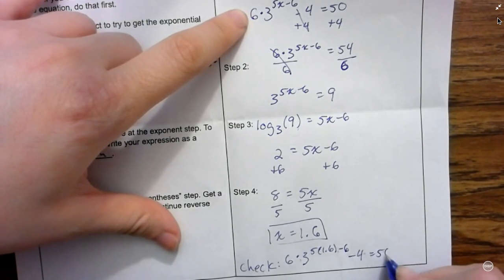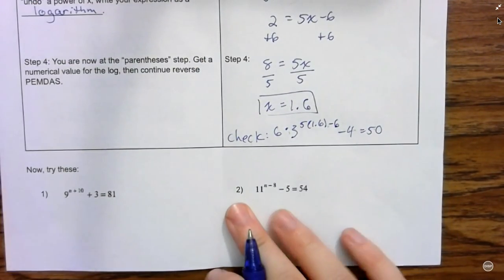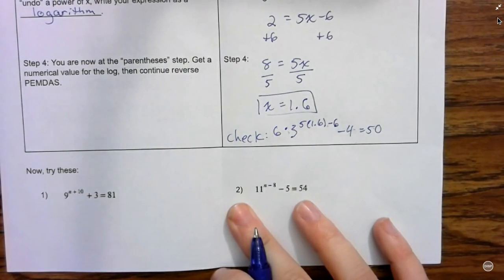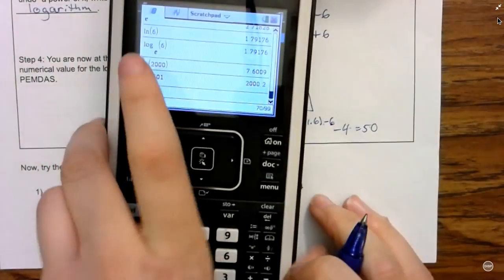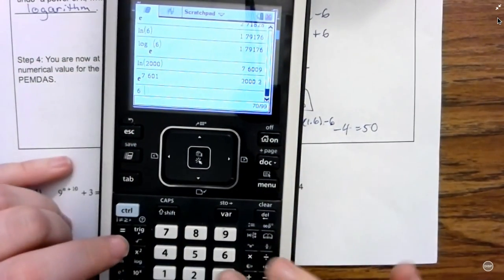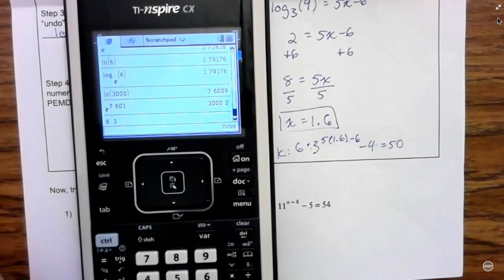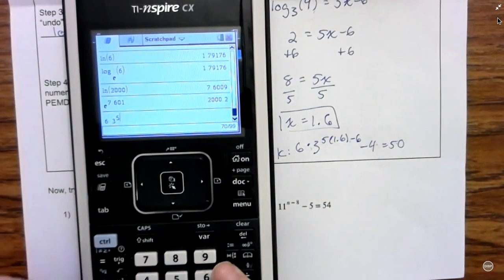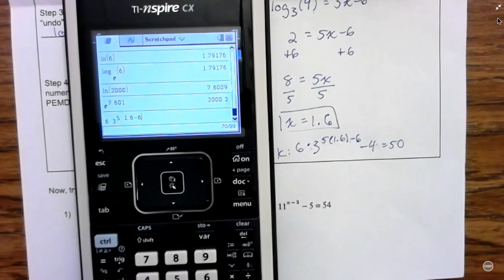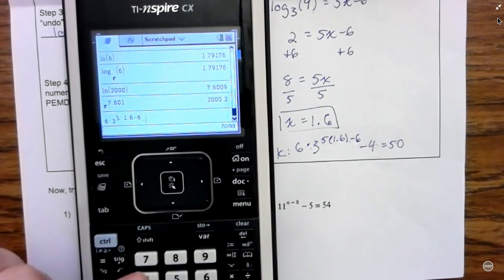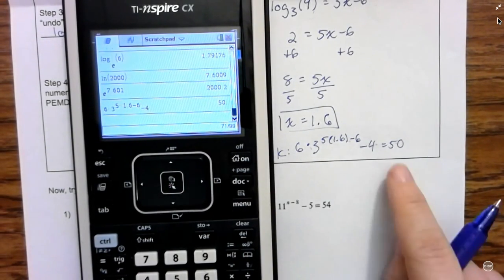I want to see if that gives us 50. Okay, so 6 times 3 to the power of 5 times 1.6 minus 6 minus 4 indeed gives us 50.